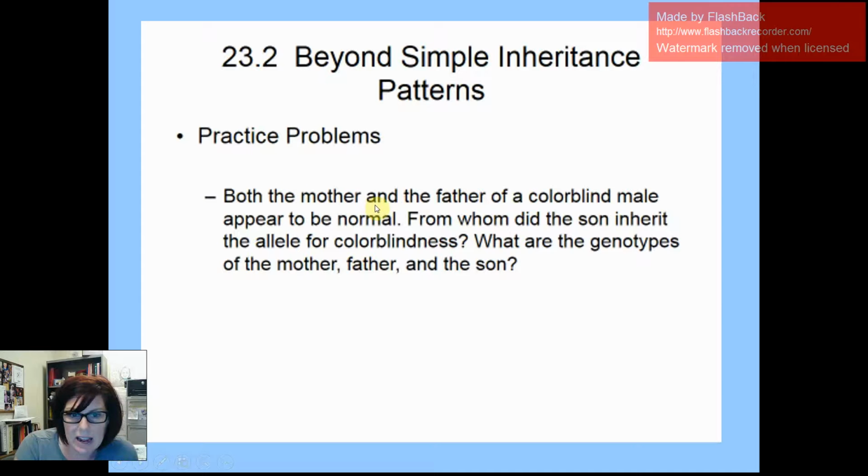And since the dad doesn't have color blindness, the dad passed on the Y chromosome to him. So where did that affected gene have to come from? It had to come from mom. And since mom doesn't have color blindness, mom is a carrier. So the genotypes: the mother would be a carrier female, the father was a normal male, and the son is an affected male.